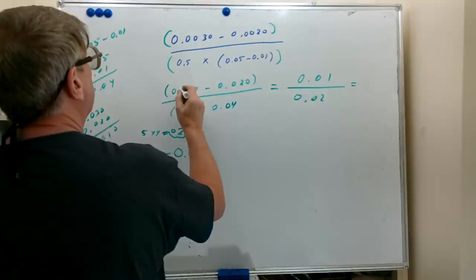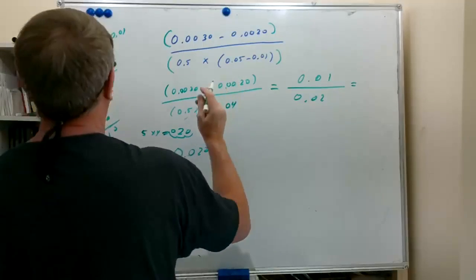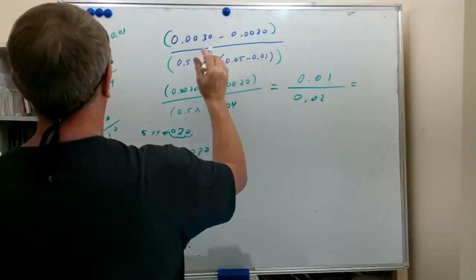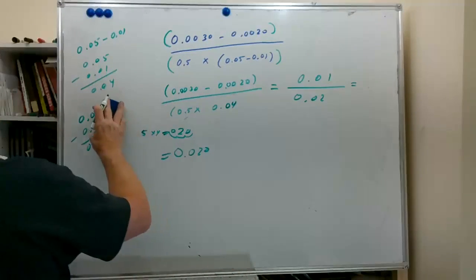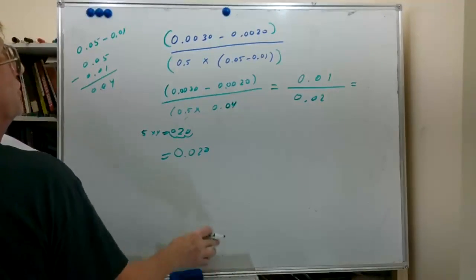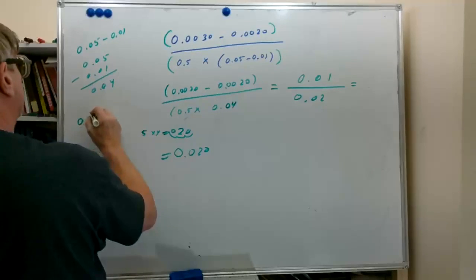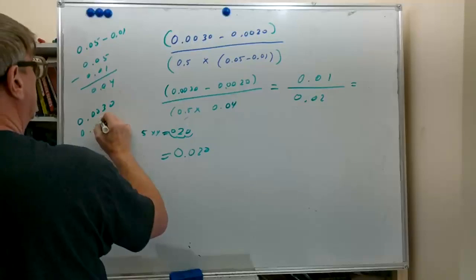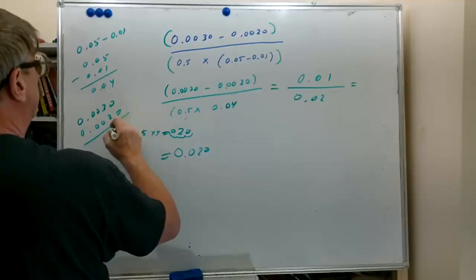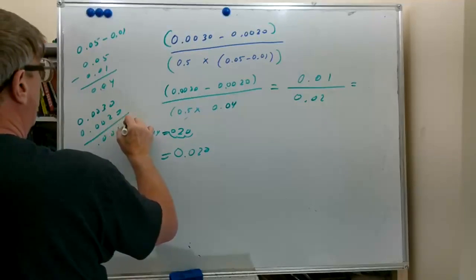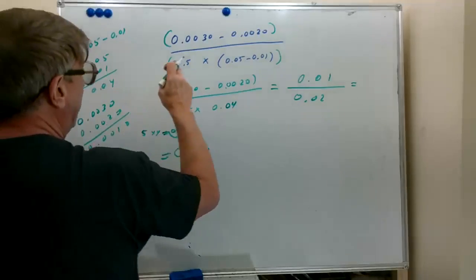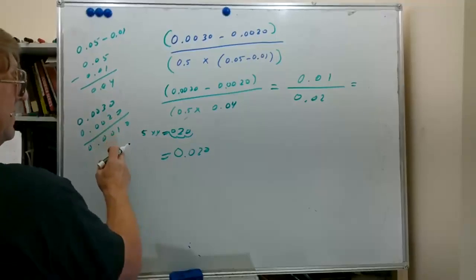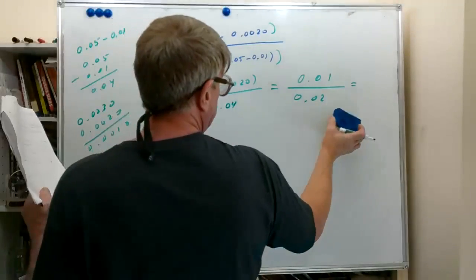Okay, I dropped a 0 here. I had 2 zeros, so let's redo this piece right here for the numerator. So yeah, we had 30 10,000ths minus 20 10,000ths, we end up with 10 10,000ths.